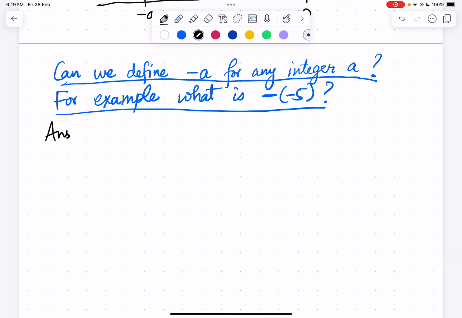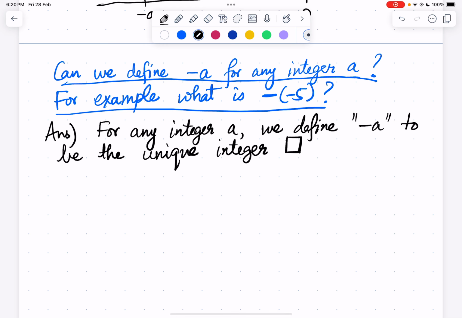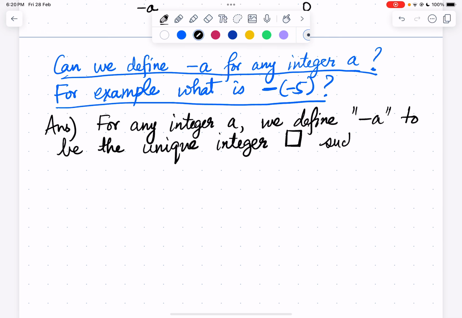So we'll give a natural definition. For any integer a, we define minus a to be the unique integer box such that a plus box equals 0.